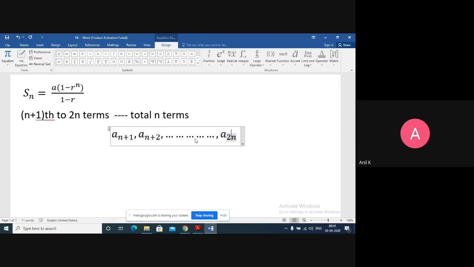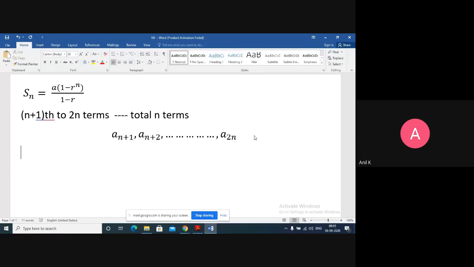So these are the terms from n plus 1th term to 2n terms. Again here you will have only n terms, and it will still form a GP. In this GP also my common ratio is going to be r only, because these belong to the same GP as the first n terms. So the ratio will remain the same.